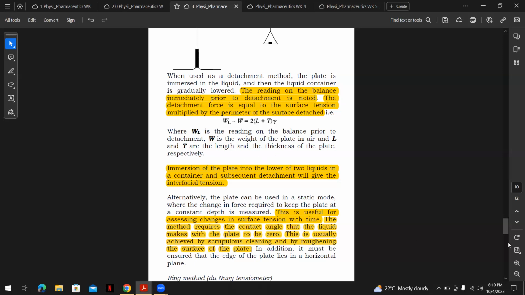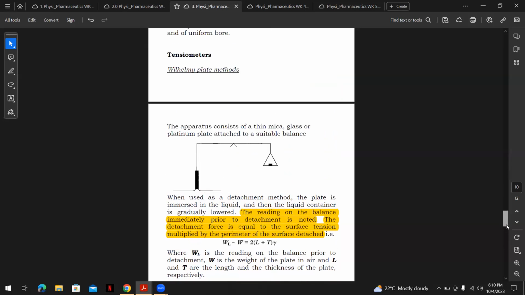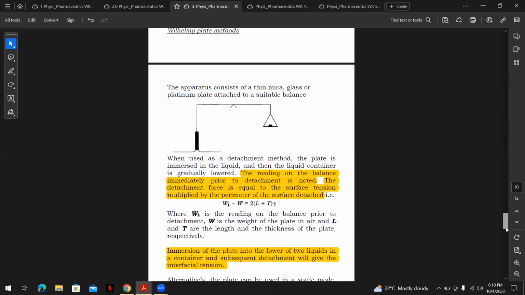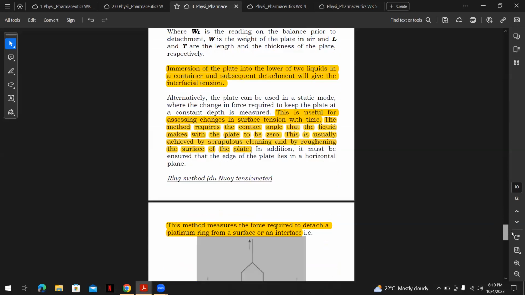Basically, this Wilhelmy plate method is used to determine the interfacial tension, because the plate is placed in between 2 immiscible liquids. Once you see 2 immiscible liquids, just know we are calculating the interfacial tension. So with that detachment, you get the interfacial tension.